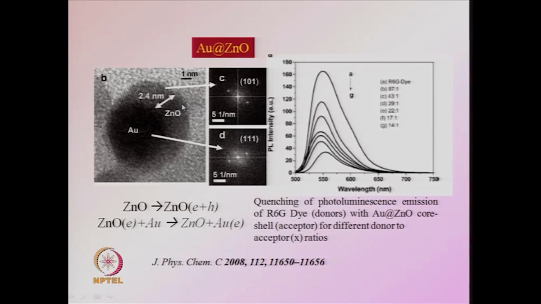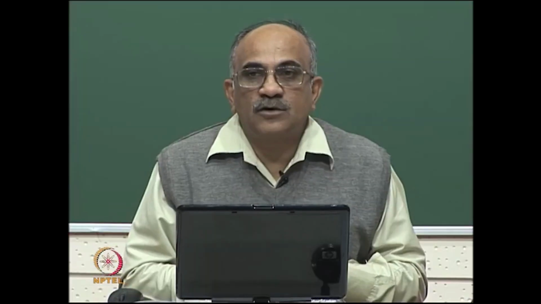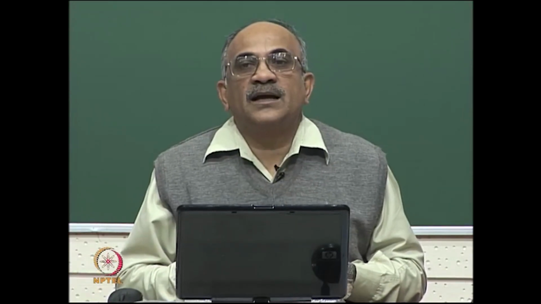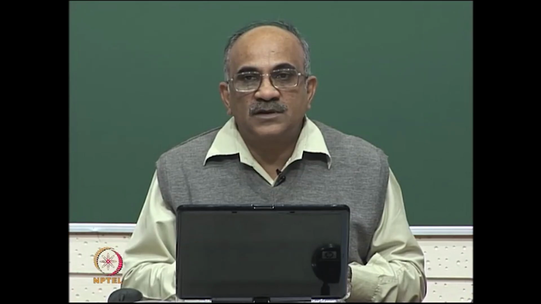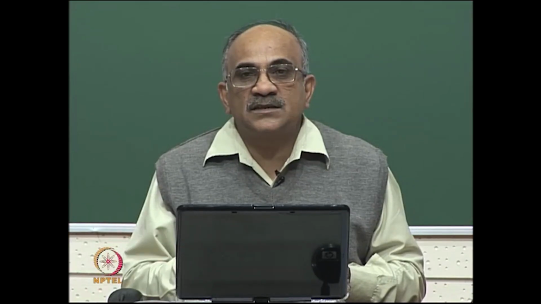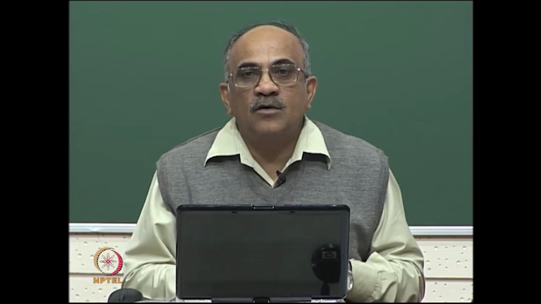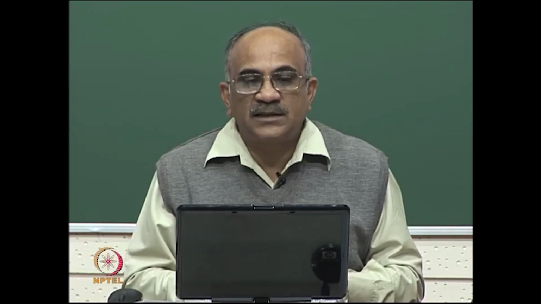This was exactly what we discussed earlier in the case of silver TiO2, where when you shine light on TiO2, electron and holes are generated, and the electron is transferred to the metal core which is the silver particle, and the titanium dioxide retains the hole, and so there is charge separation.